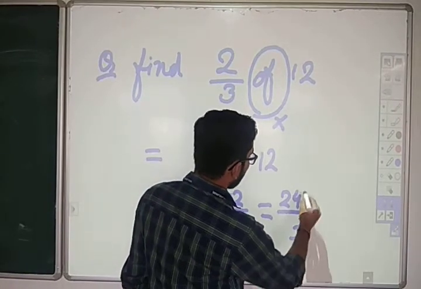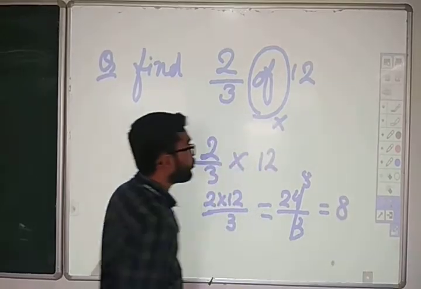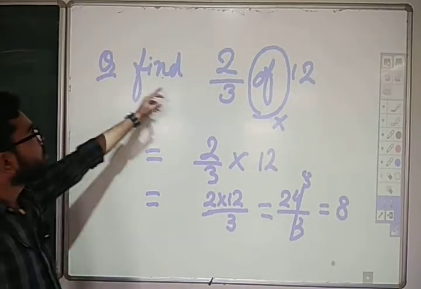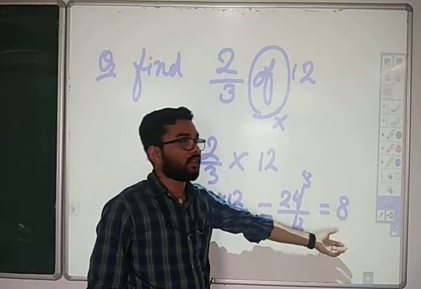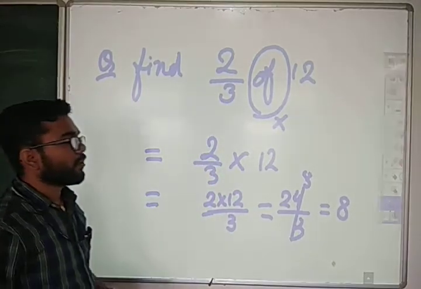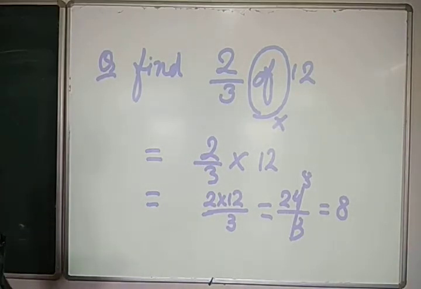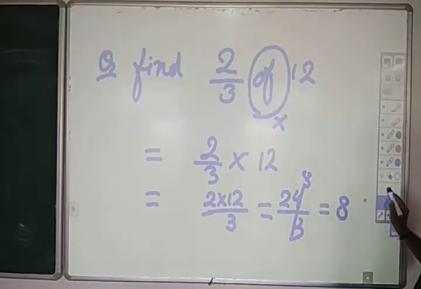If you calculate it, 3 eights are 24. So 2 upon 3 of 12 is 8. In this way, you can find it if "of" is given with a fraction and a whole number.